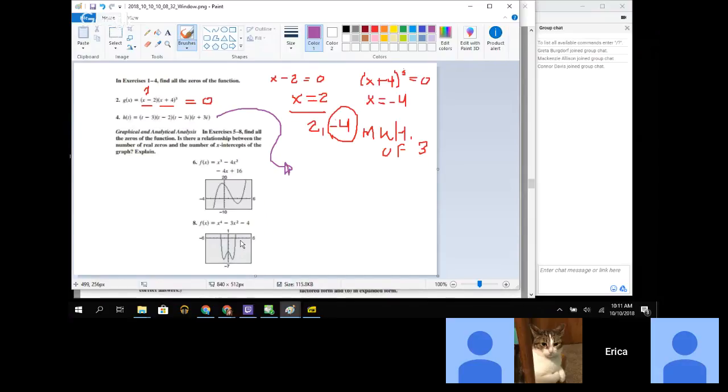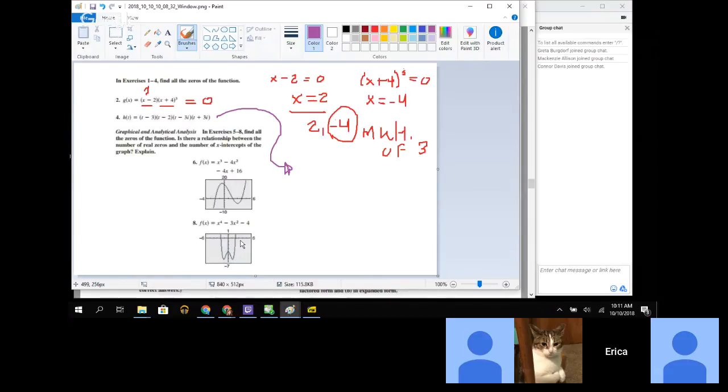Now let's look at number 4. We have h of t equals t minus 3 times t minus 2 times t minus 3i times t plus 3i. Whoa, all of a sudden we're factoring and we have a complex number right in the middle of our equation.